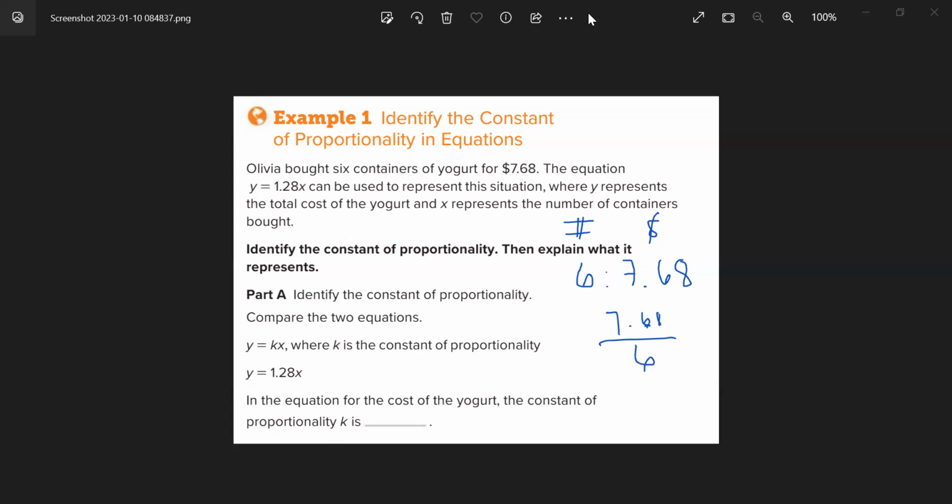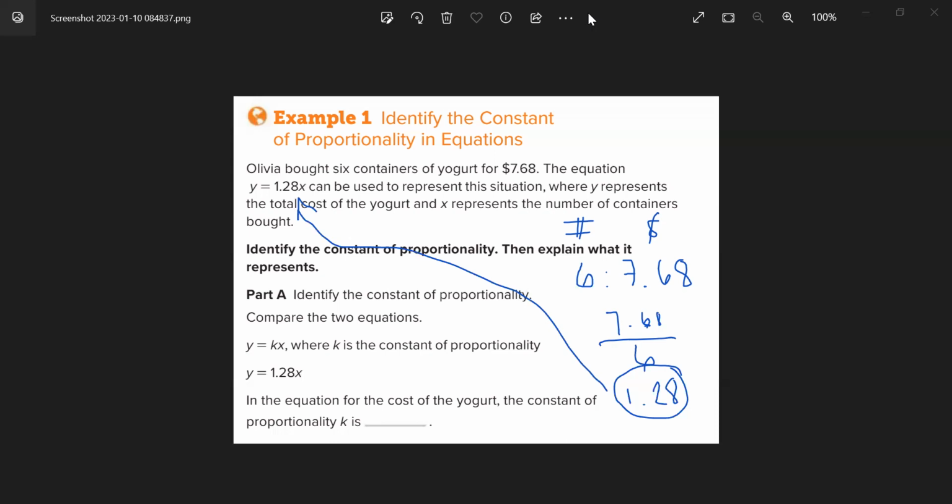When we do it, it should give us a constant of proportionality, which is 1.28. Look at this. And the formula, what similarities do we see? Well, that 1.28, the constant of proportionality, tells us how much each container is worth.